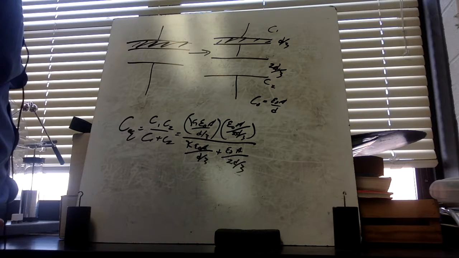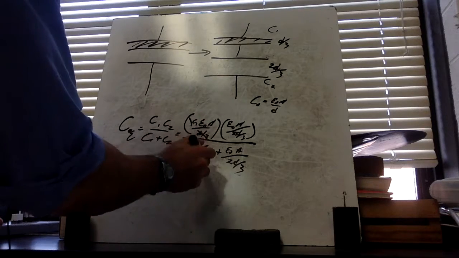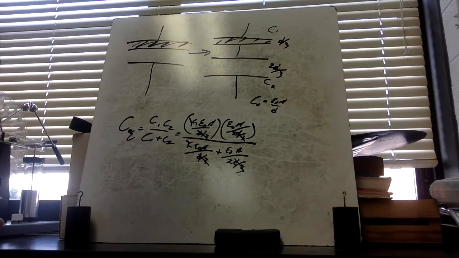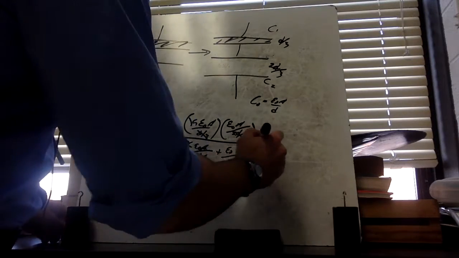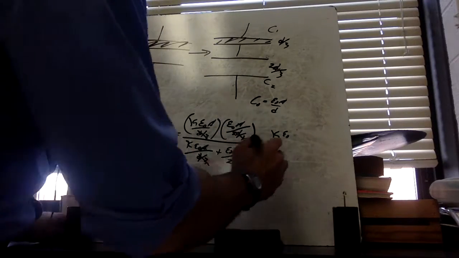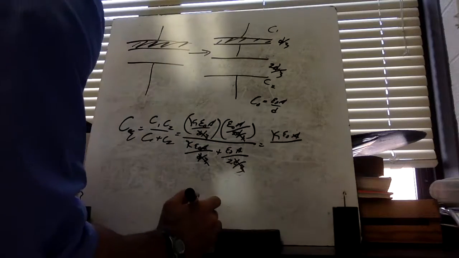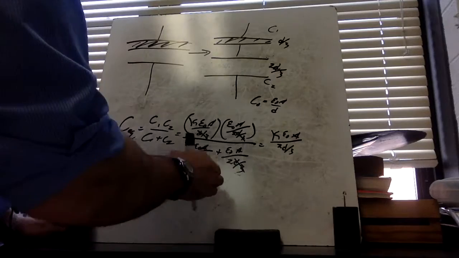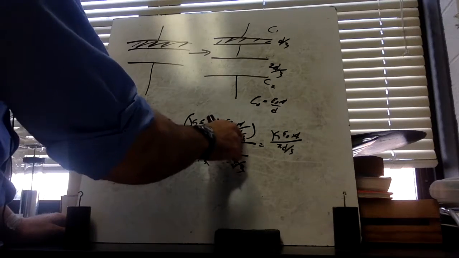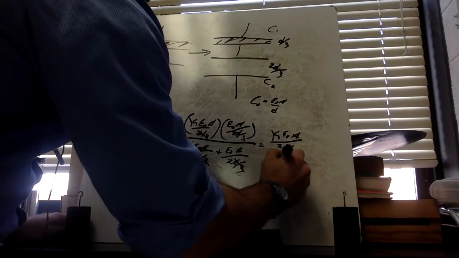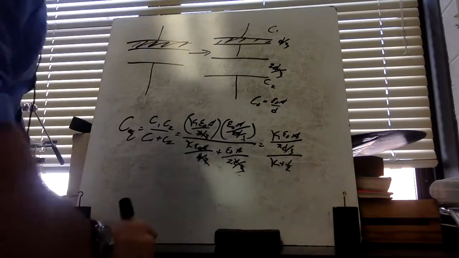d over 3 can cancel out from all of this, but we still have these 2's left over. So what does this end up becoming? This is kappa epsilon naught A over 2d over 3, or rather this cancels out with one of these, so the other one is left there, all over kappa plus 1/2.